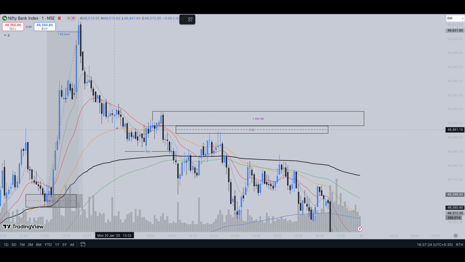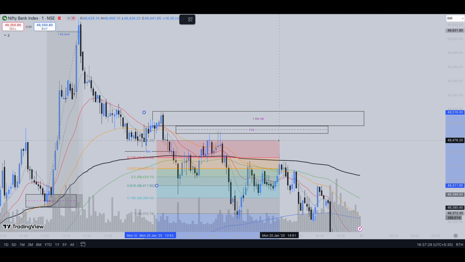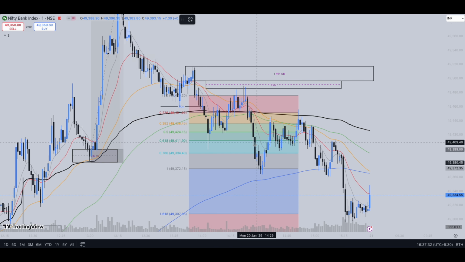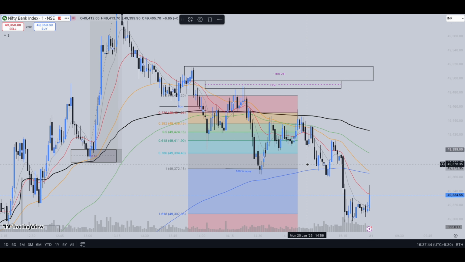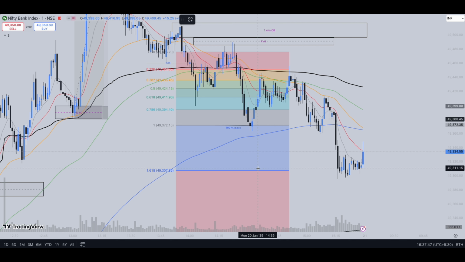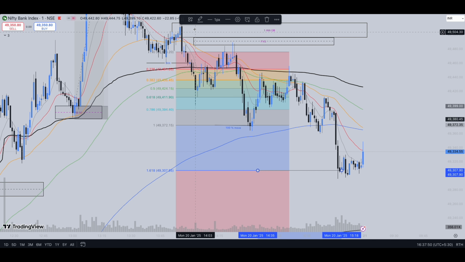If you try to plot the fib extension levels from here, the common point between this and this, you can see clearly the market came all the way to the 100% level. You could have targeted here the 100%, or else you could have all the way targeted even the 1.618 level as well.